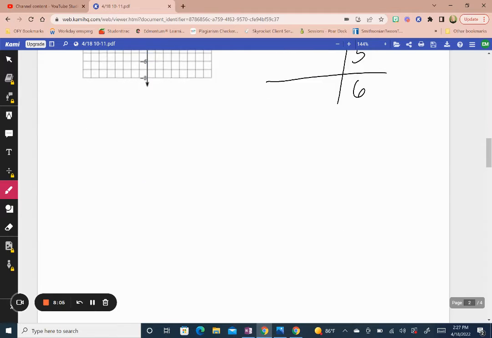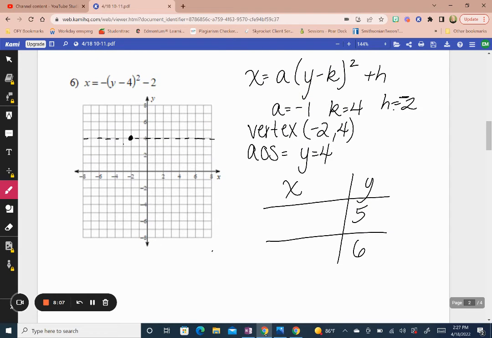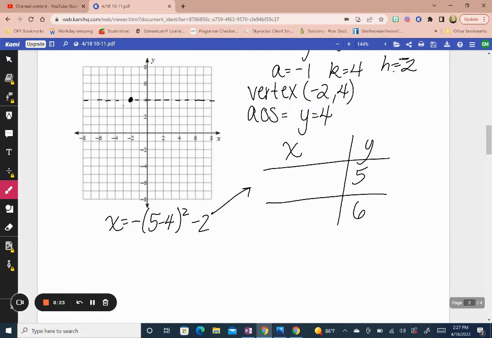Okay, so to find the value right here, I replace my y in this equation up here with my 5. So it's going to be x is equal to negative (5 minus 4) squared minus 2.